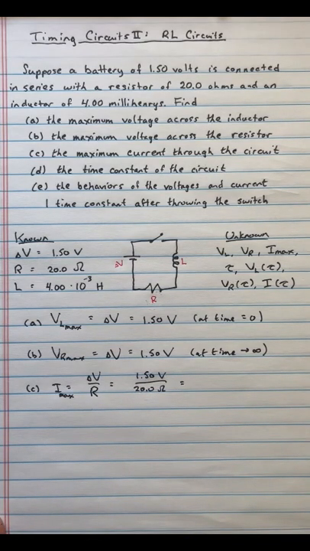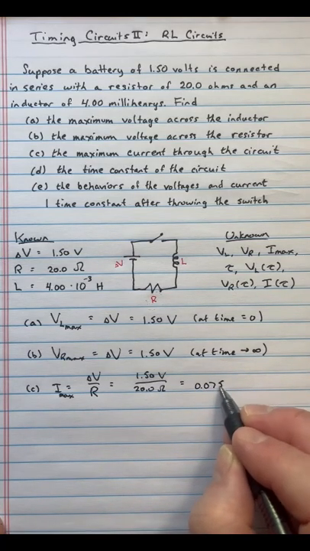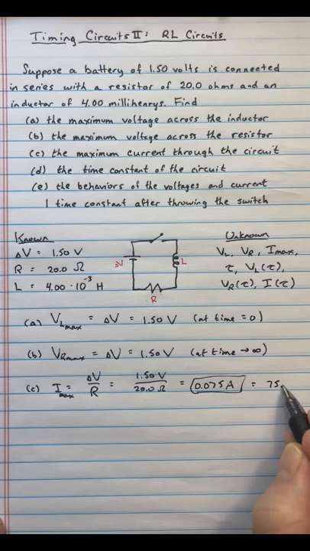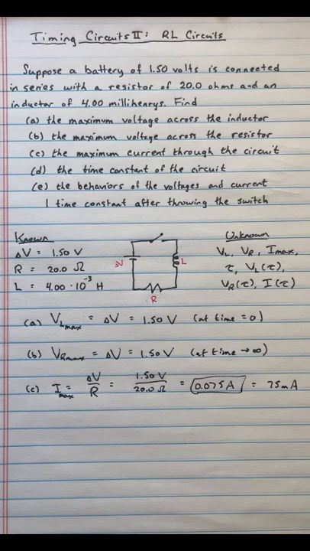So 1.5 divided by 20 is 0.075 amps, or if you prefer, 75 milliamps. We'll stick with the 0.075. We'll stay with our standard units as we usually do. Okay. So that's an interesting statement, though, that the maximum current doesn't happen until towards the end, in fact, at the end of the process, not the beginning.